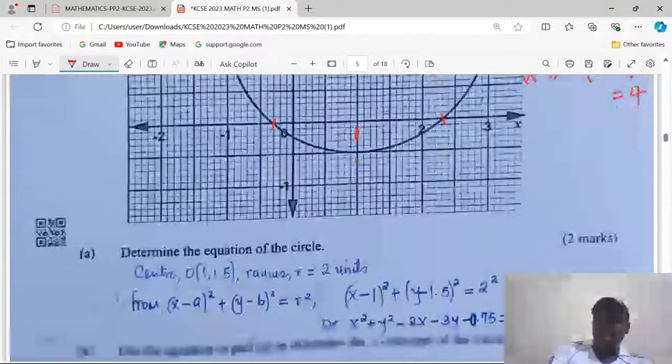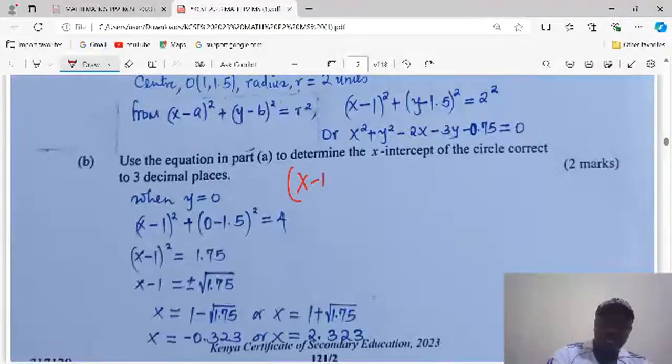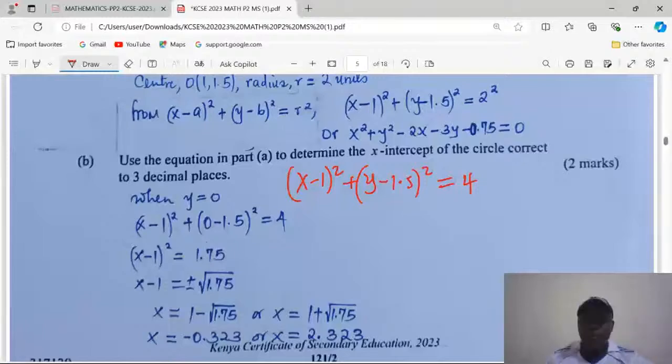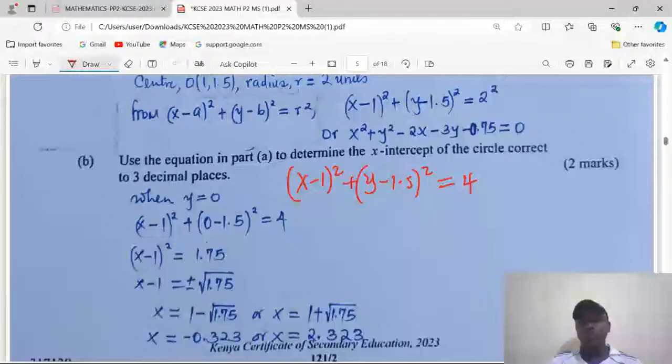It is x minus 1 squared plus y minus 1.5 squared equals 4. We are going to use this to determine the x-intercept. And we should know that at the x-intercept, the value of y is usually 0. So we substitute 0 in the place of y.